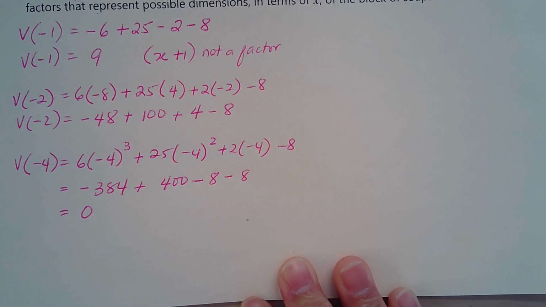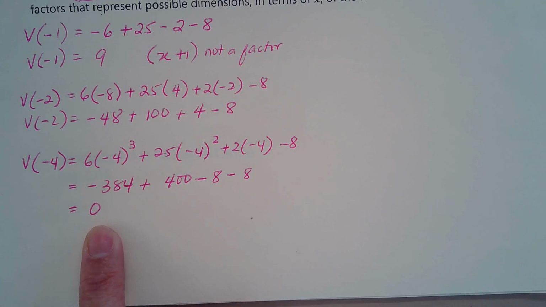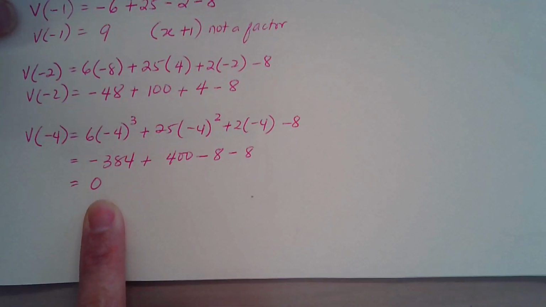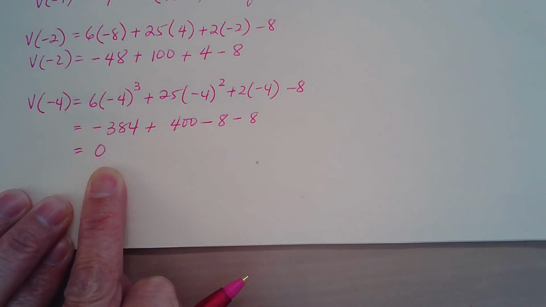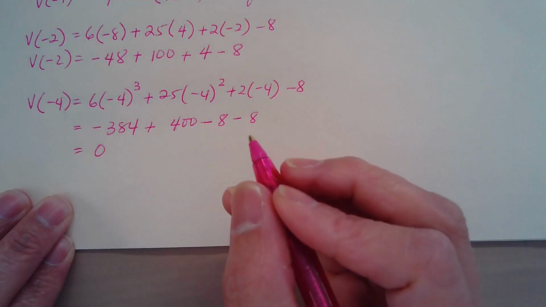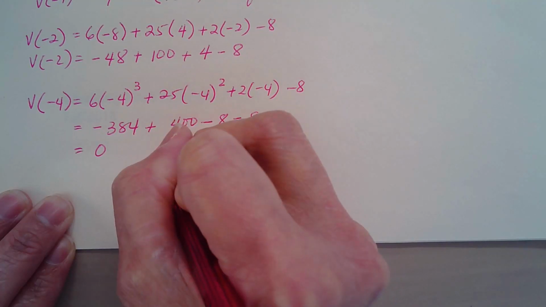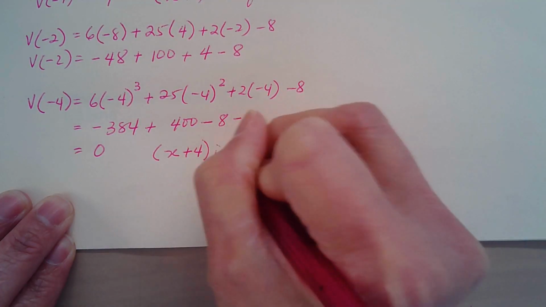You have to do that and find all the factors? Okay, well, we found one. We've got to do the synthetic division now, right? So if v of -4 gives us a 0 remainder, what does that tell us? Therefore x plus 4 is a factor.